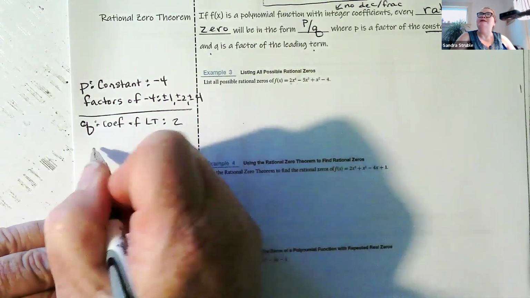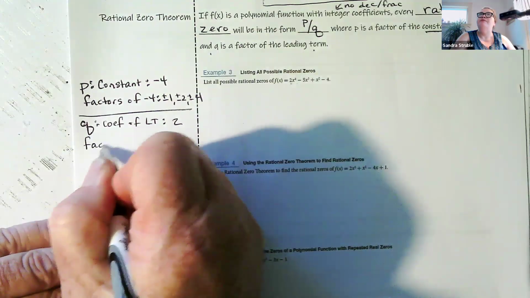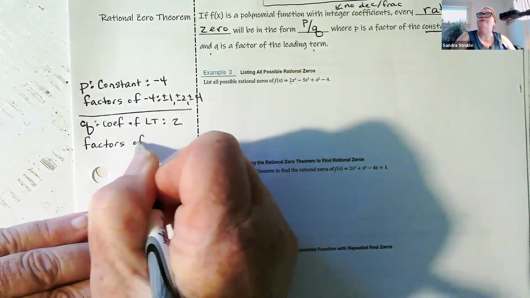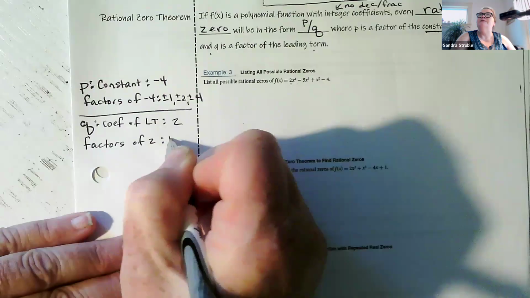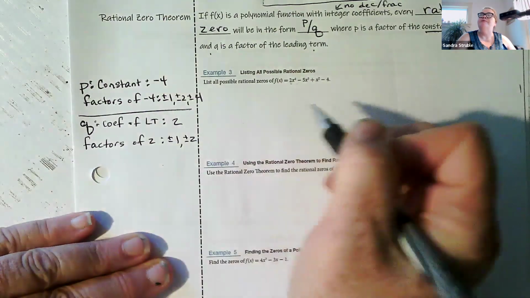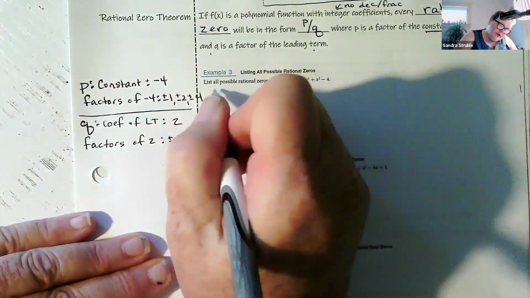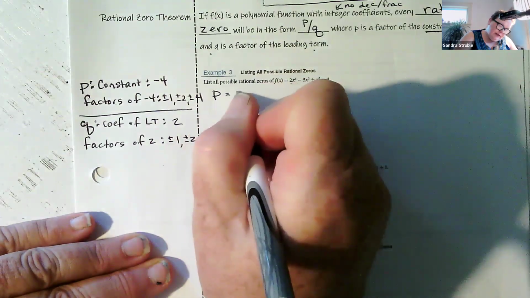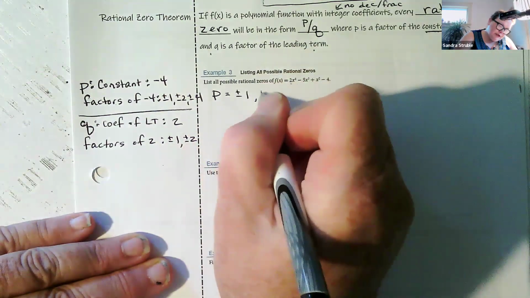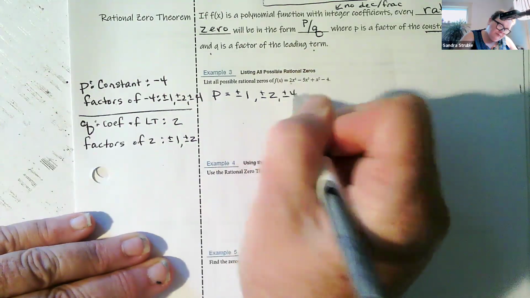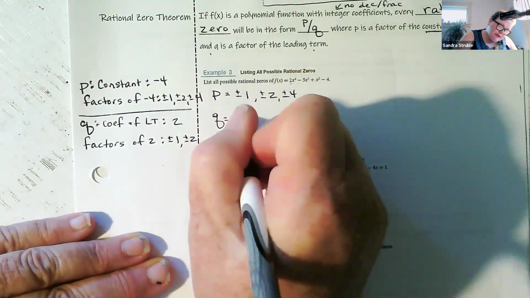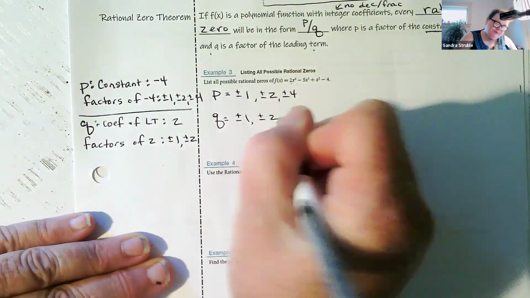It is 2, and I need to know what the factors of 2 are. In this case, it's plus or minus 1 and plus or minus 2. All right, now we know that p can be plus or minus 1, plus or minus 2, and plus or minus 4. q is plus or minus 1 and plus or minus 2.